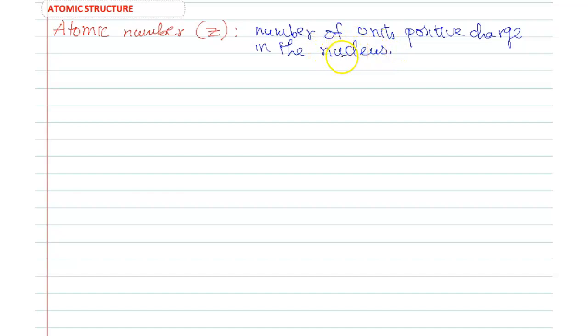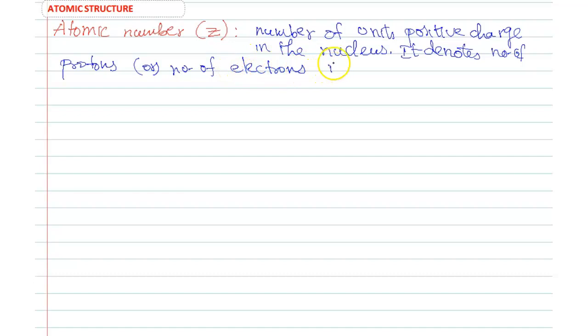That means it denotes the number of protons, or the number of electrons in a neutral atom. Why are we comparing with the electrons? Because however many positive charges there are, that many negative charges are also there. Positive charge means protons, negative charge means electrons. So this is nothing but the atomic number.